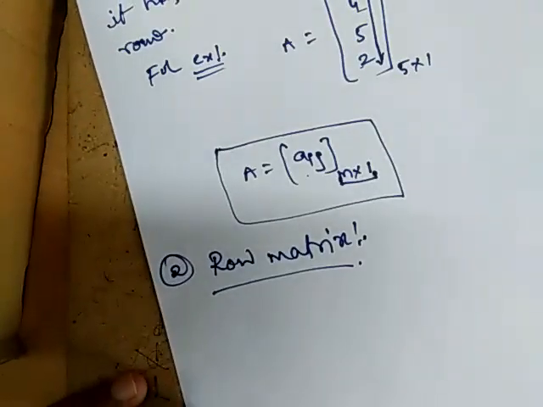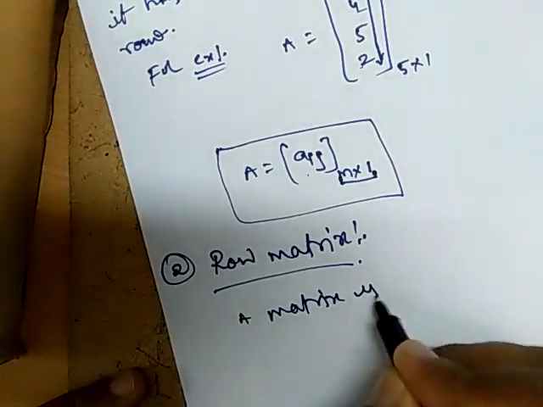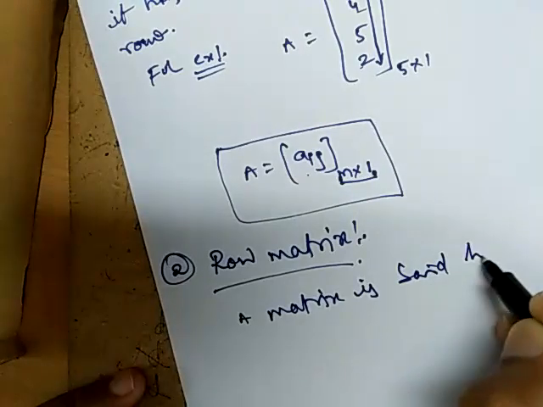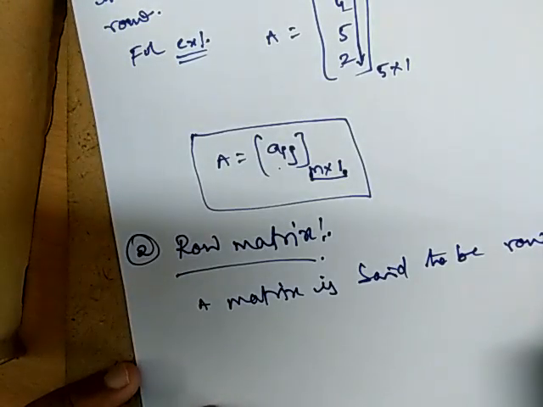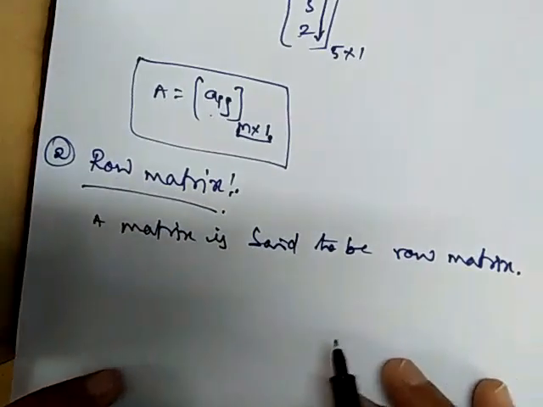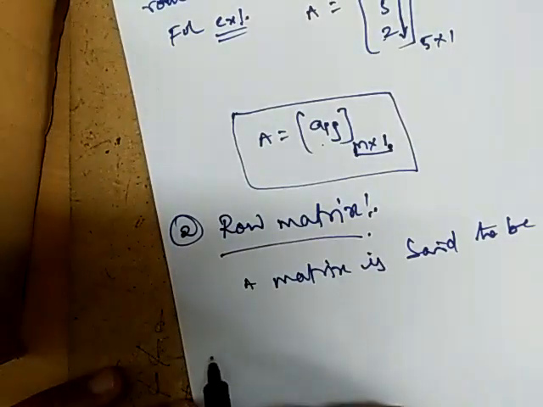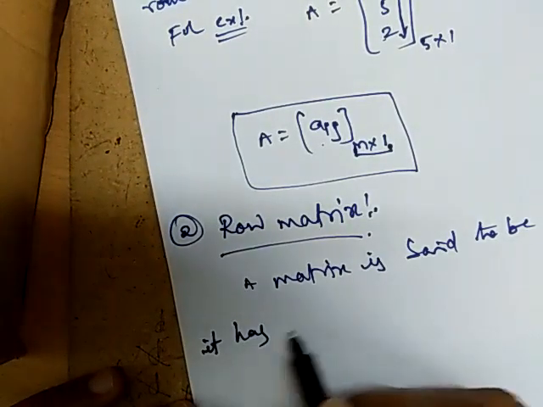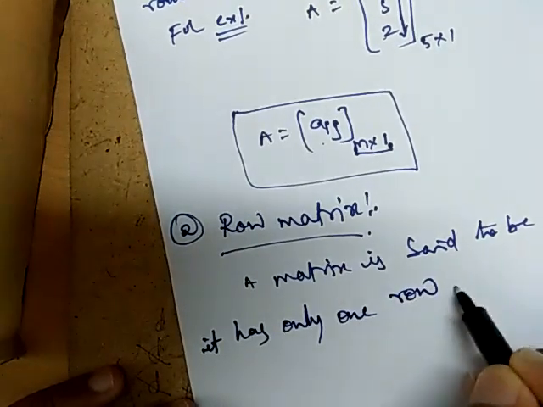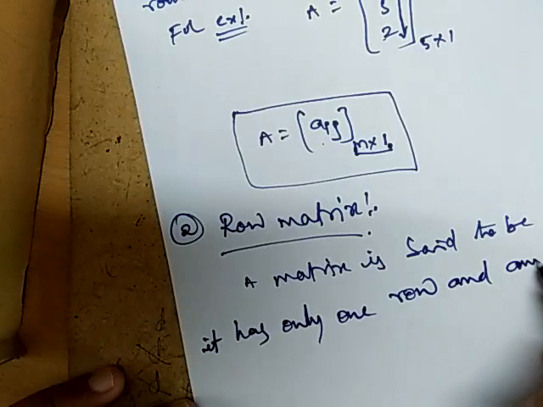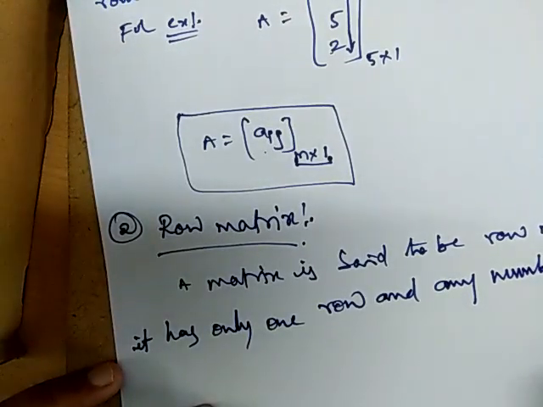Similarly to the column matrix: a matrix is said to be a row matrix if it has only one row and any number of columns.